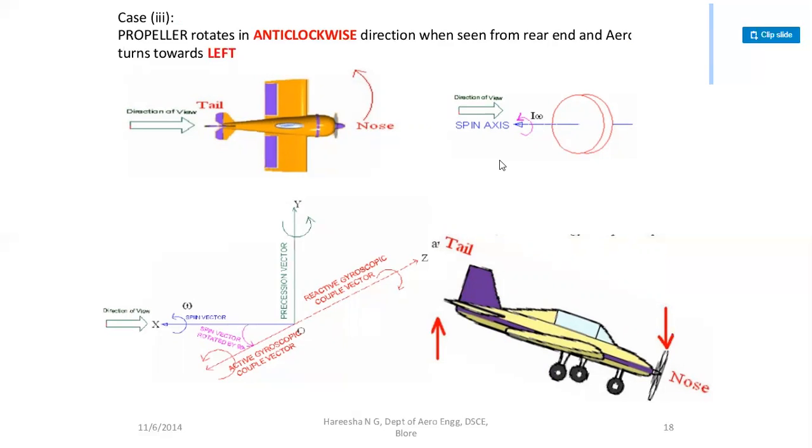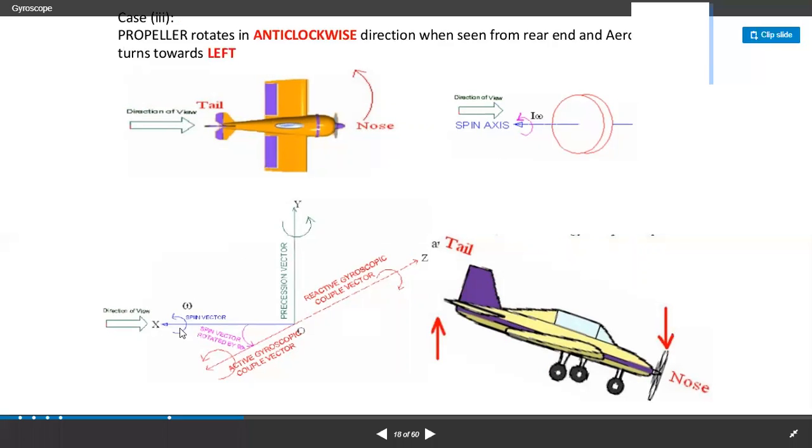With the help of the right hand thumb rule, we have to see the anti-clockwise direction: the propeller rotates in the anti-clockwise direction. So we take the right hand thumb along the spin vector, as our four fingers wound on the x-axis in the anti-clockwise direction.